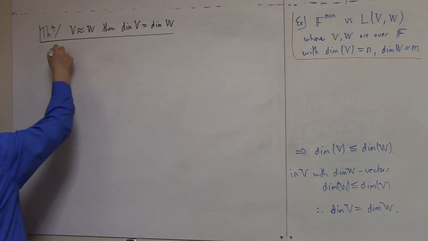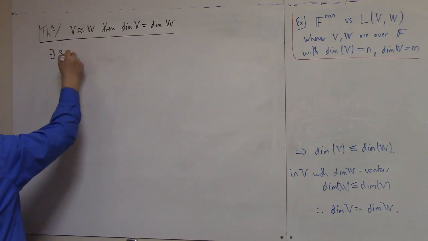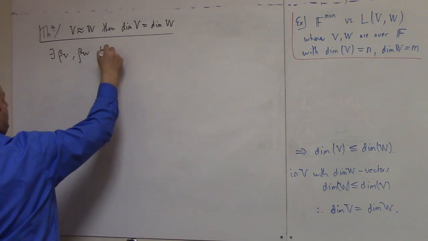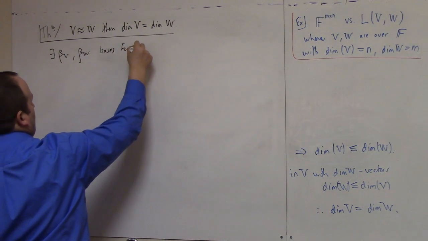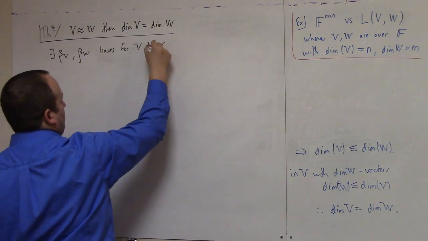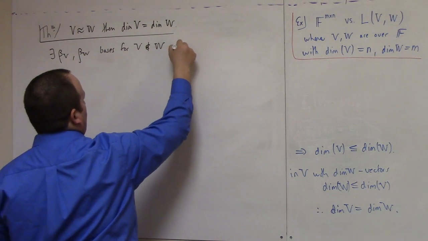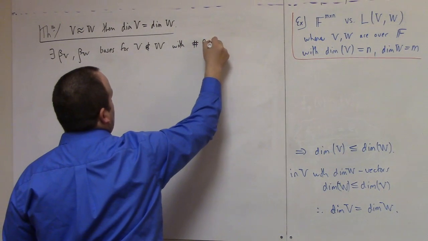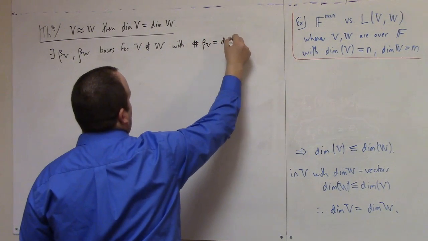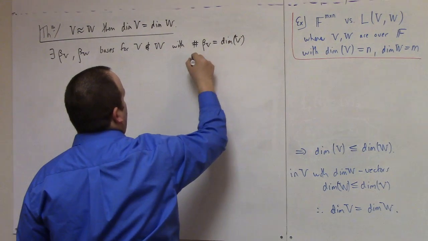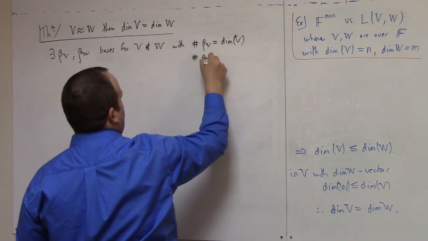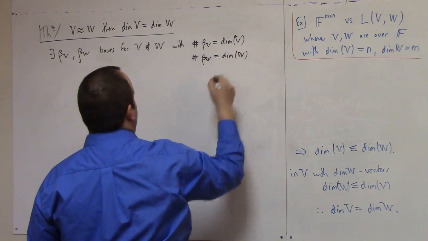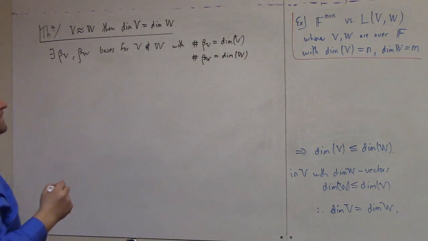There exist beta sub V and beta sub W, bases for V and W, with the number of vectors in beta sub V equal to the dimension of V, and the number of vectors in beta sub W equal to the dimension of W by definition of dimension. The number of vectors in the basis is the dimension.